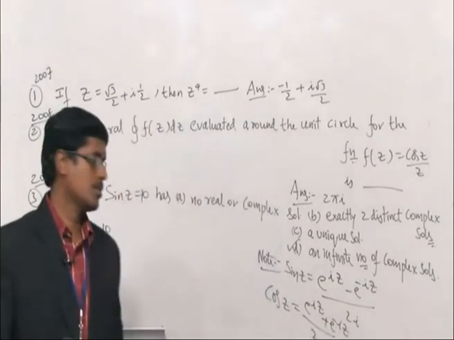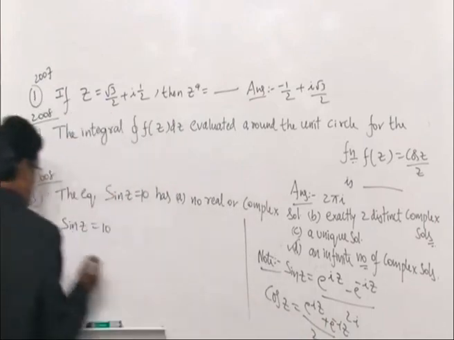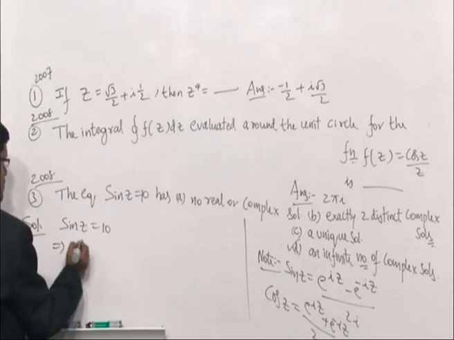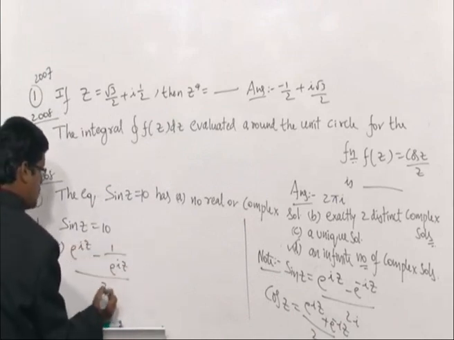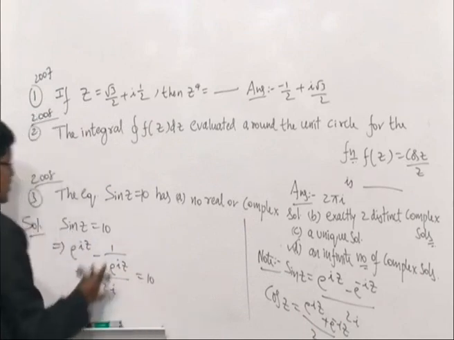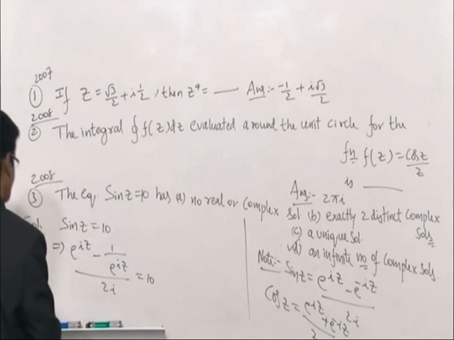Just remember these two formulas. So this simplifies to e power iz minus 1 over e power iz by 2i is equal to 10. First cross multiply and then simplify and then bring all the terms to one side.